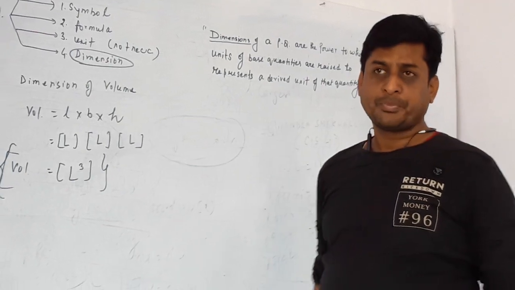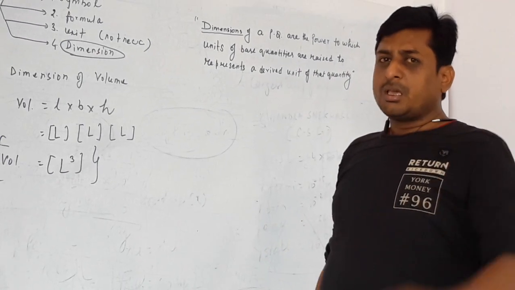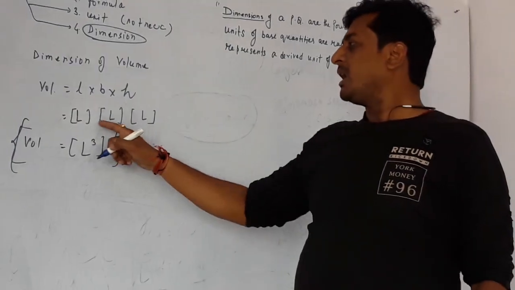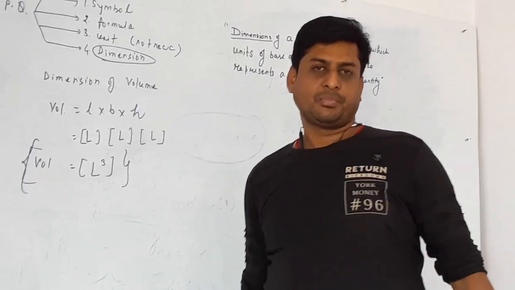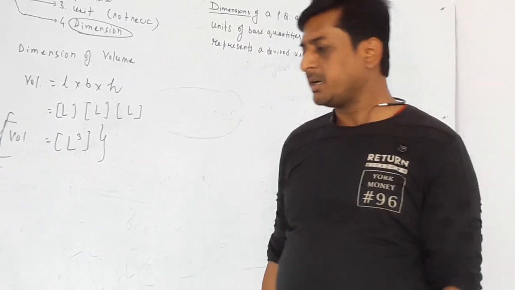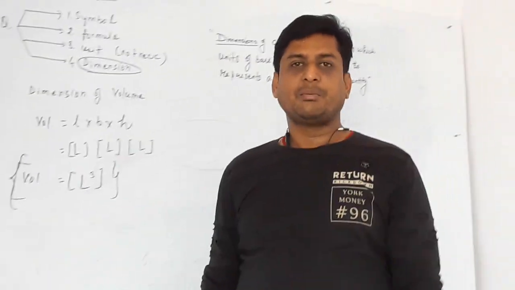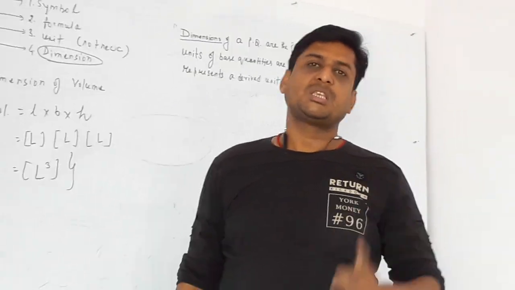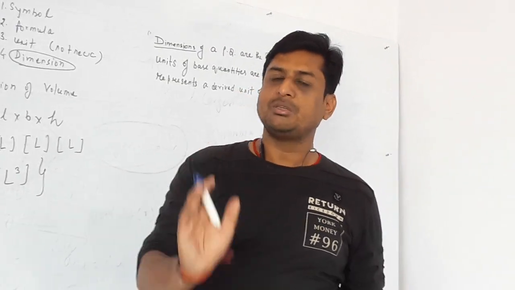This is the example. Now one thing in your mind, why am I writing L only here, why not other symbols? Because there are 7 fundamental quantities, and of all 7 fundamental quantities their dimensions are known. What are those?